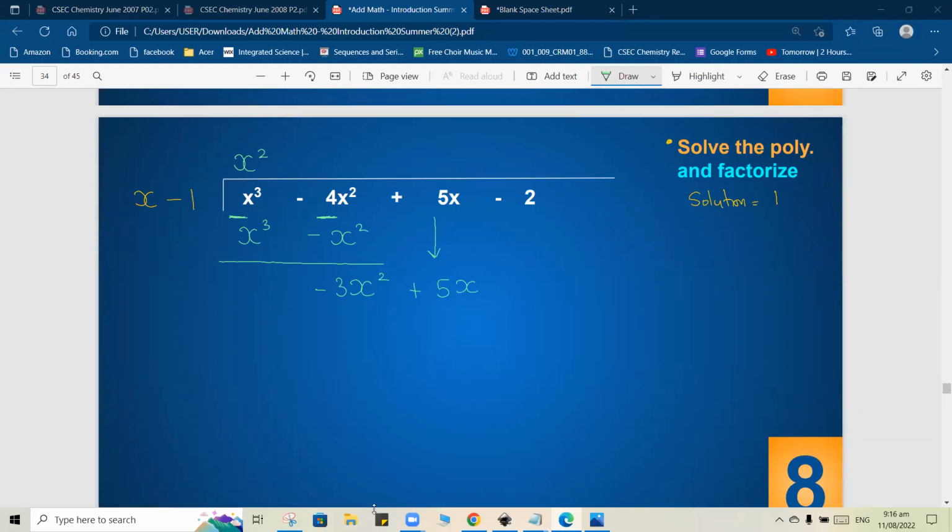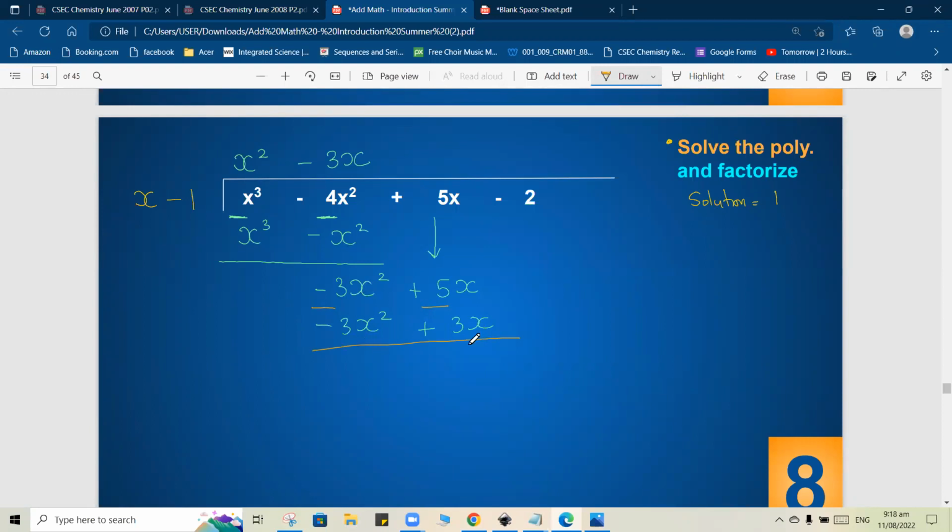Right, so take it from there. We say the x into the minus 3x squared, and then we get minus 3x. We take this, we get a minus 3x squared and positive 3x. I hope that's correct. Put a minus sign and a minus sign.